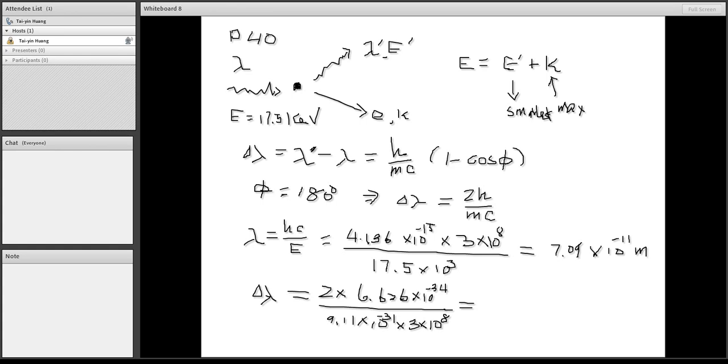That will be 4.85 times 10 to the negative 12, and that's in meters. So once we calculate our delta lambda, the outgoing wavelength can be calculated, because the definition of delta lambda is lambda prime minus lambda.